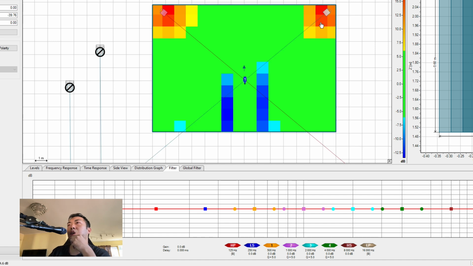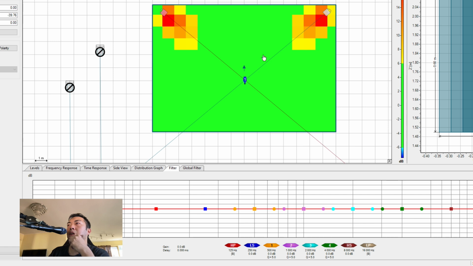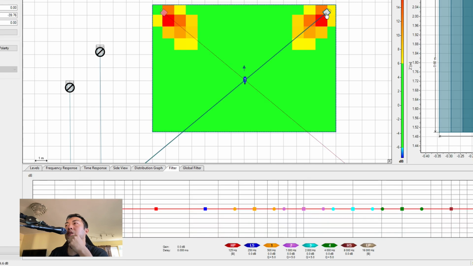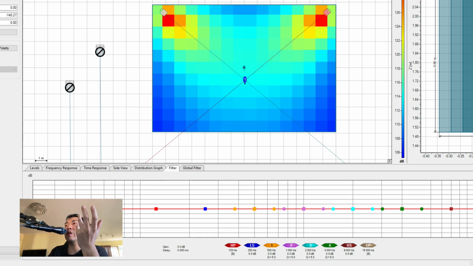Obviously, red is hotter and green is not as hot. So you can see that with just two speakers, it can get quite loud in a studio. That seems very obvious. Okay, so red is very hot.